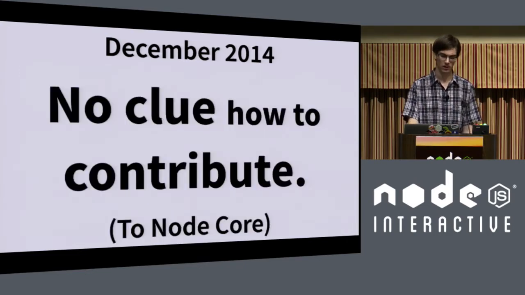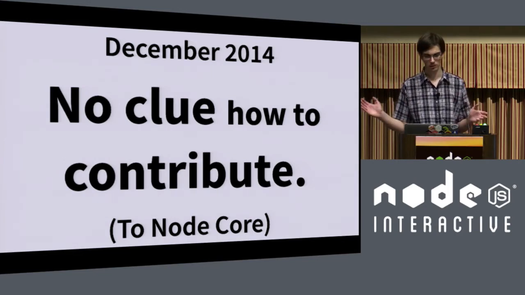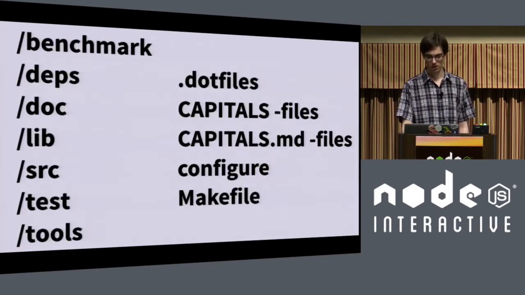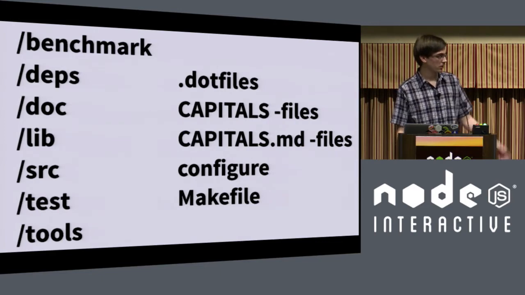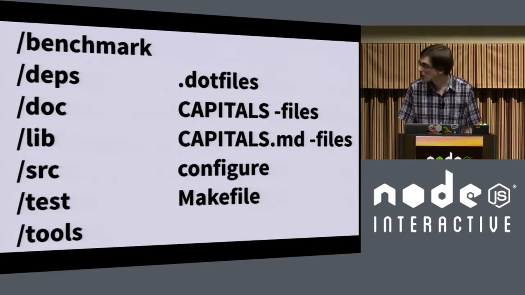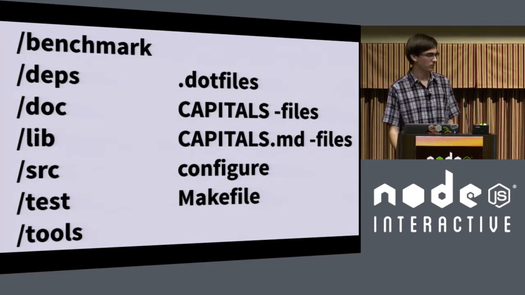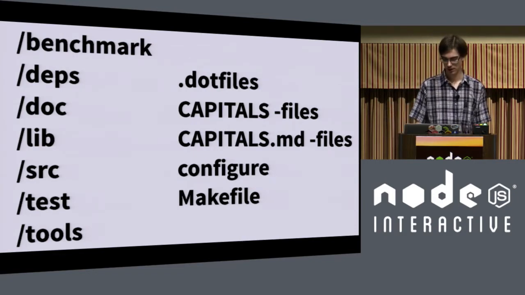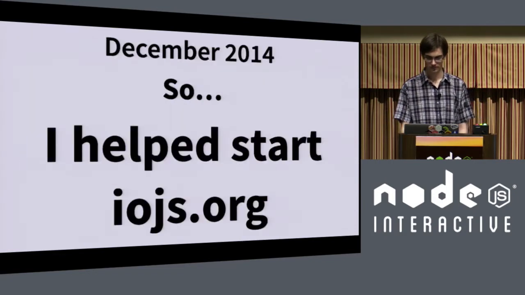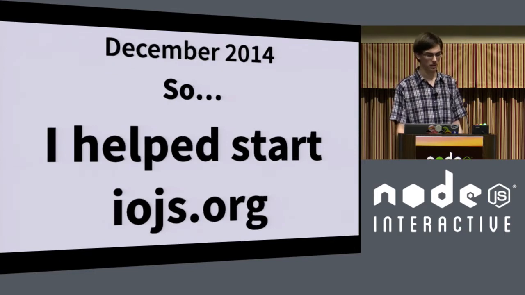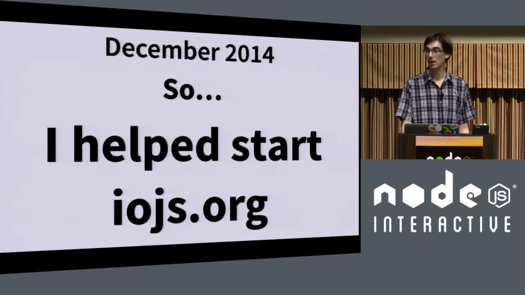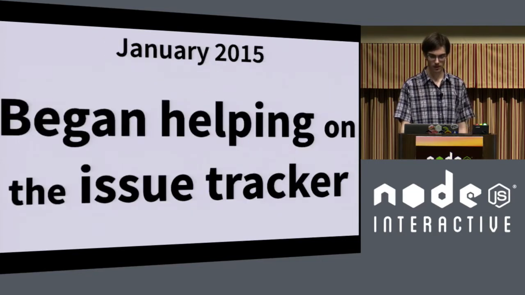But in December 2014, I had no idea how to contribute to Node Core. If you look in the source tree, you'll see all these folders, and then a bunch of capitalized files yelling at you, and it's a little bit overwhelming. So I helped start iojs.org because that's what I could manage at the time, and that's okay.